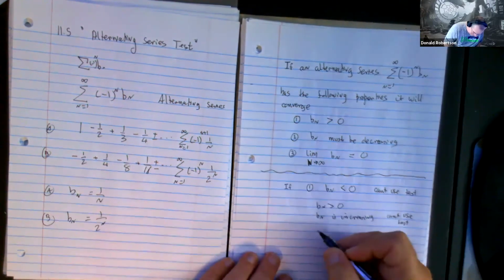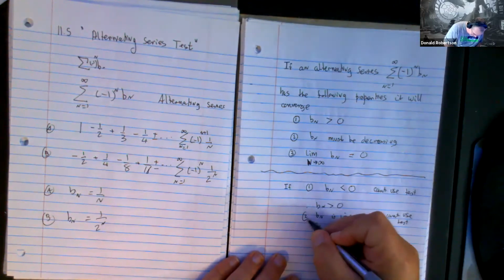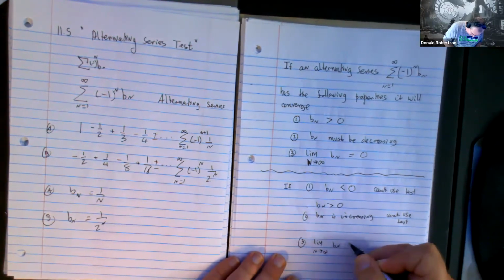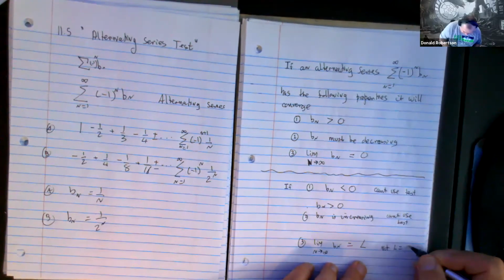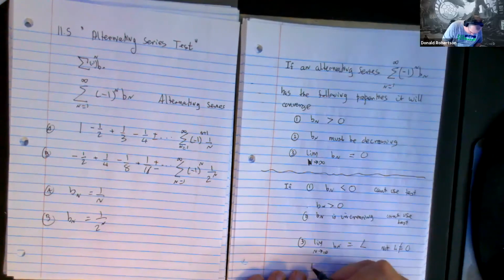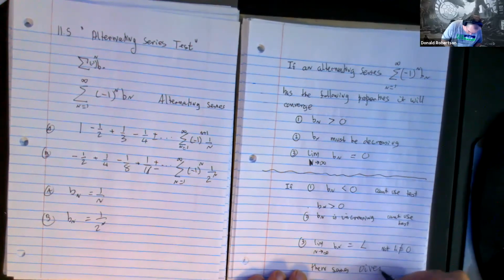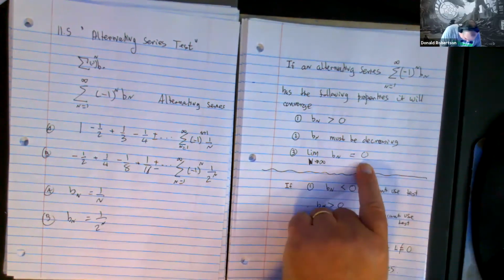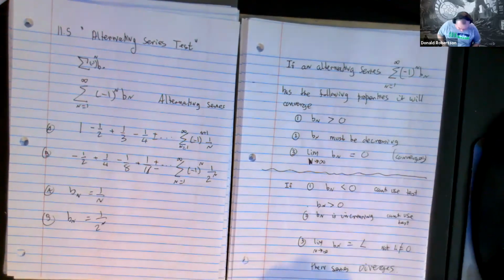If, however, it's greater than 0 and it's decreasing, but the limit as n tends to infinity of Bn is equal to a number that is not 0, then the series diverges. So basically, as long as it's positive and decreasing, if the limit is 0, it converges. And if the limit's not 0, it diverges.